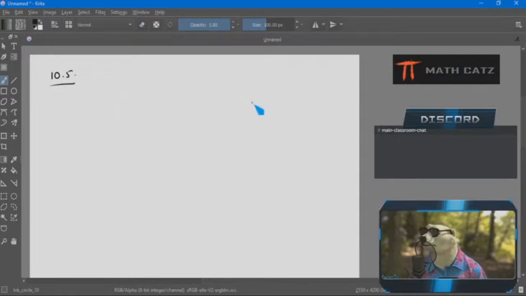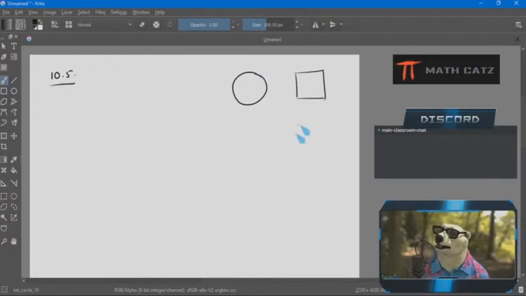So let's just, like before, have a little diagram. There's my circle, and there's going to be my square. And what do I need to define here as variables? I'll need to define a radius, let's call it r, and I need to define a side length for the square.